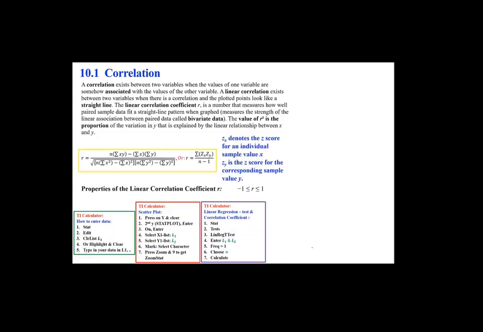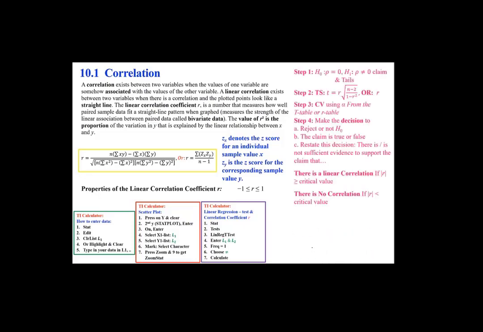Now, obviously, this is the formula. You've seen it before. The properties: R is between negative 1 and positive 1. And as you recall, these are the steps involved when we do the test of hypothesis. We write H0 and H1, we come up with the test statistic and critical value, and we make a decision.